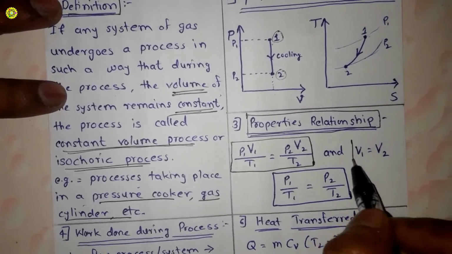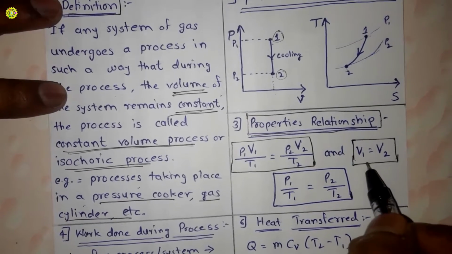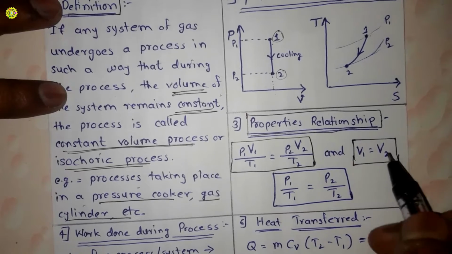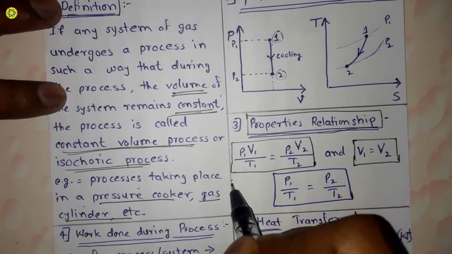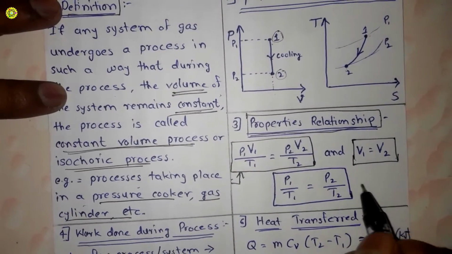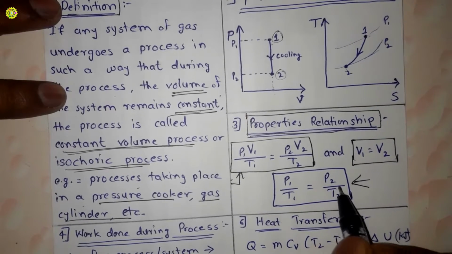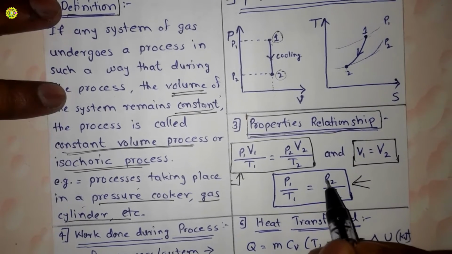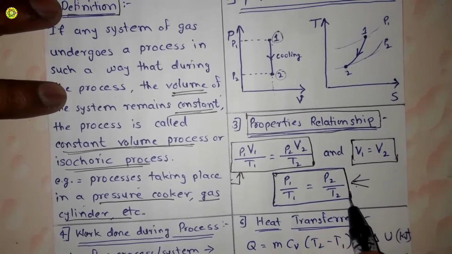As we know volume is constant, so V1 is equal to V2. Now as V1 is equal to V2, our general equation simplifies to P1 upon T1 is equal to P2 upon T2. This is the property relationship for constant volume process.